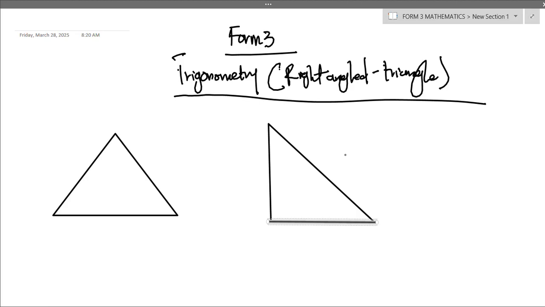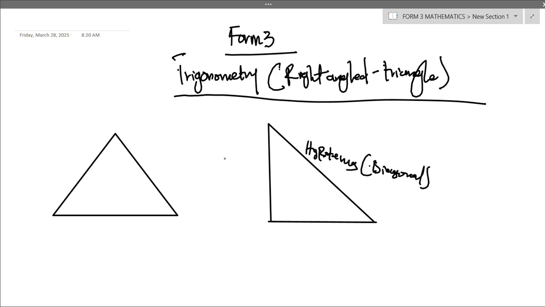In our previous lecture, we said that right angle triangles have three parts. We have the hypotenuse, which is mostly the diagonal.